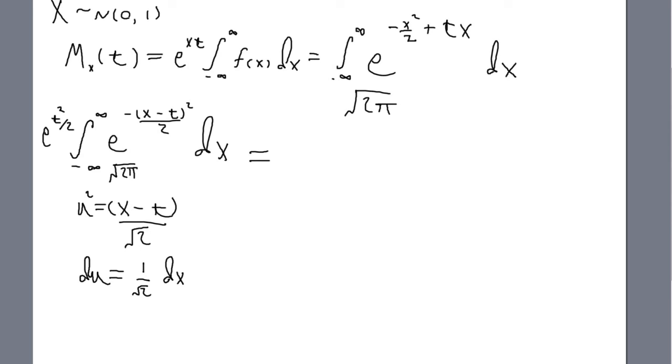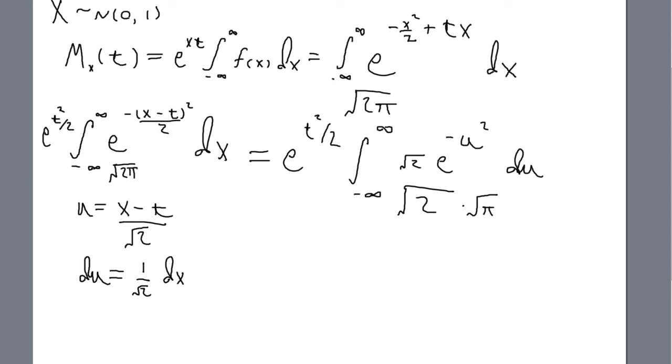So that's why I set u to this particularly. And then you have du equal to this. So we can rearrange the integral. Then we have this, so this is what it resolves to. And you'll notice we can cross out the square root of 2's. They cancel out.